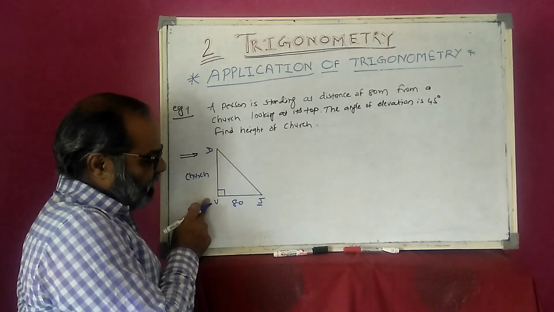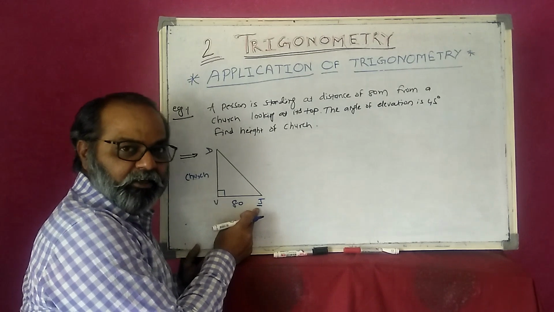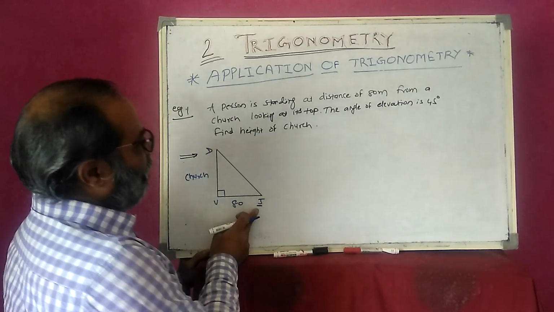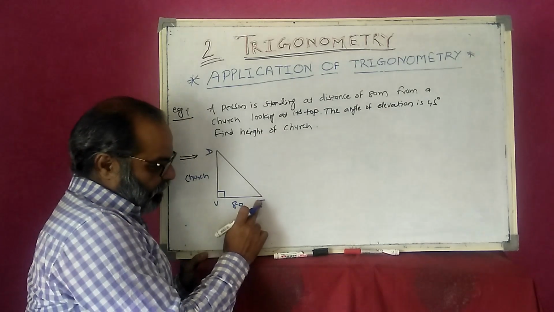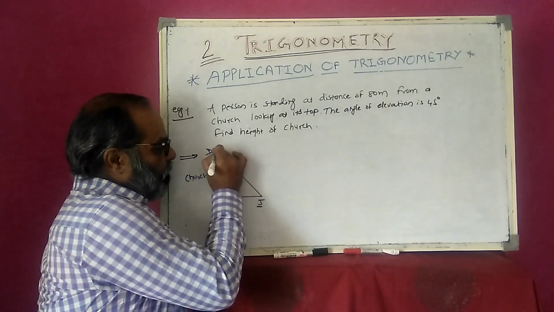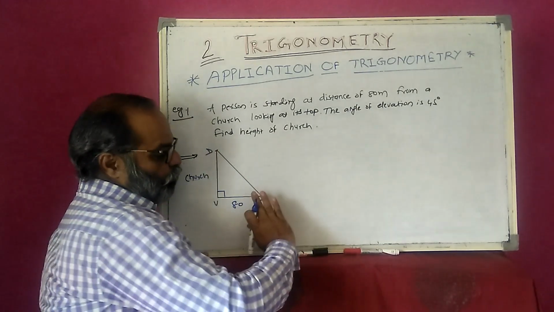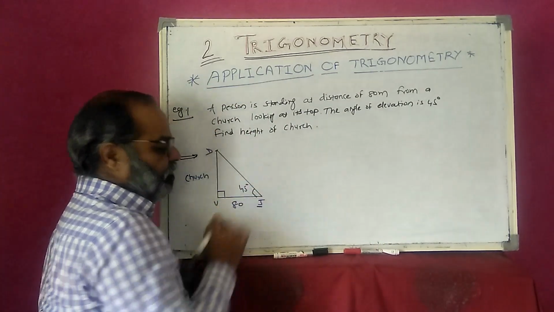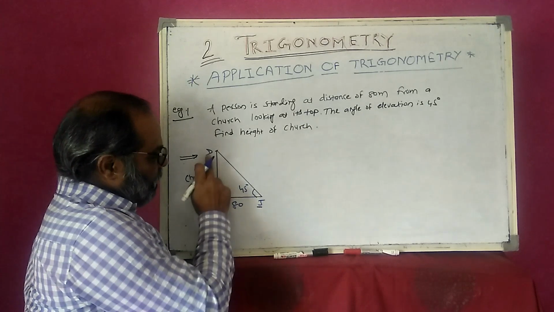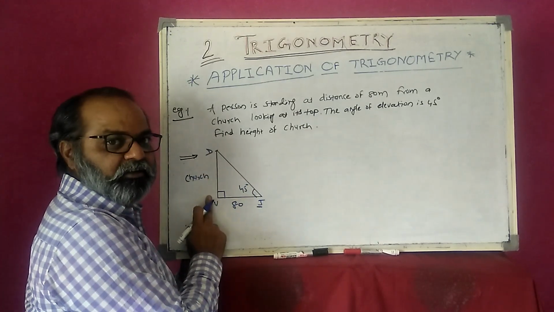When he looks towards the top of the church, D, the angle of elevation is 45 degrees. We have to find the height of the church.